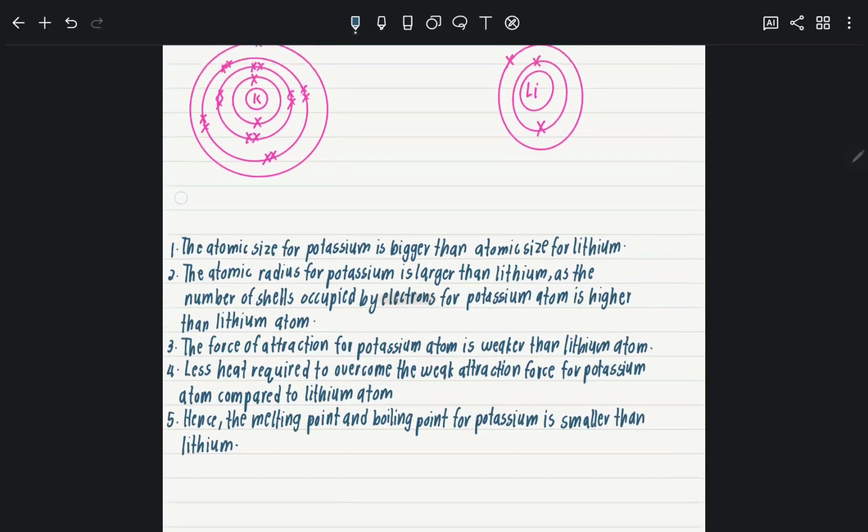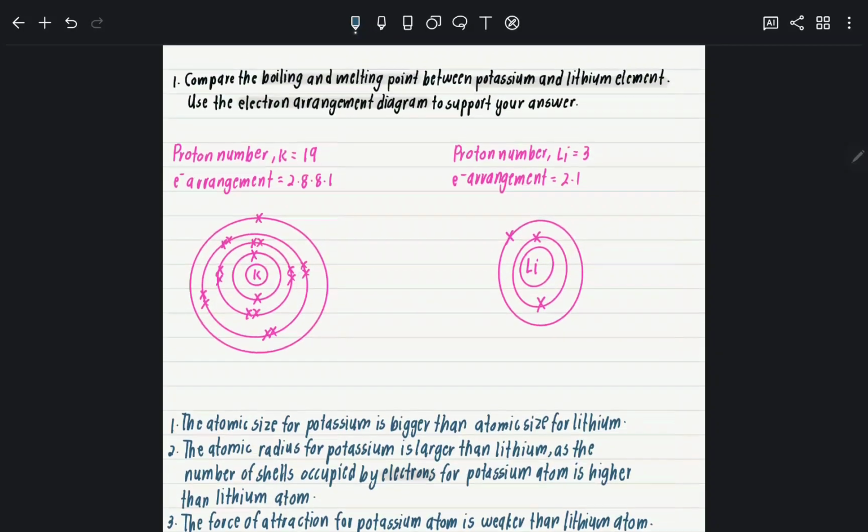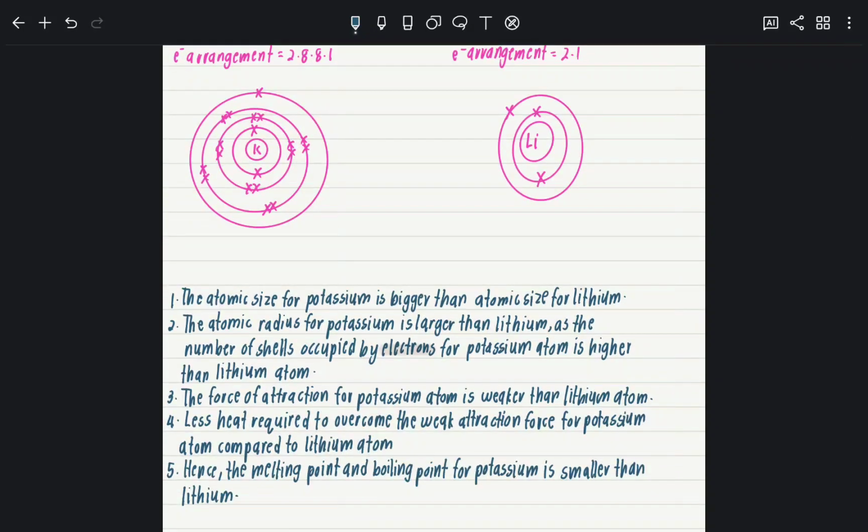So ini sahaja. Okay, remember, but if you want to talk in terms of reactivity, this third sentence ada perubahan sikit. You kena bagi tahu force of attraction between what and what. Okay, actually kat sini pun boleh bagi tahu, tak ada salah. You can say the force of attraction between proton in the nucleus and electrons, valence electron in the valence shell for potassium atom is weaker than lithium atom.